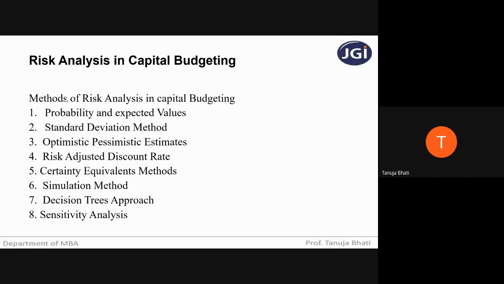So using this particular probability technique, the budgeting manager can analyze the risk associated with a particular project. What is the probability of a project benefiting in a series of years, or what is the probability that it won't benefit?